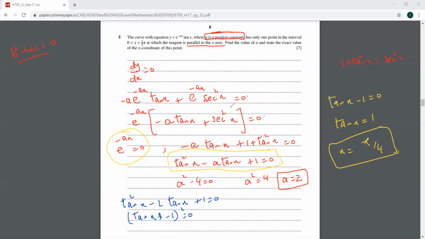Then you're applying trigonometry while writing this secant square x as 1 plus tan square x, and then you're solving it again, there is a trigonometric equation. So you see there are so many steps and techniques involved. That is why you have 7 marks for this one question here.